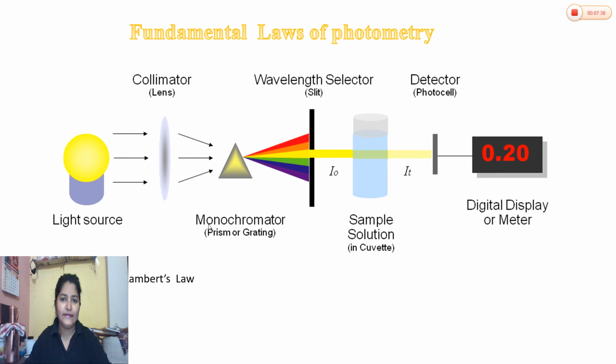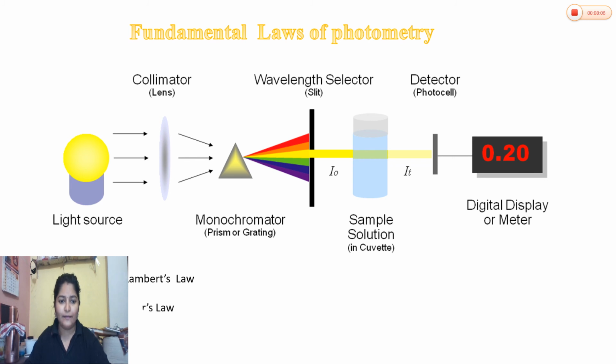So these fundamental laws are, first, Lambert's law, the very famous law. When a beam of monochromatic light is allowed to pass through a transparent medium, the rate of decrease of radiant power with the thickness of the medium is directly proportional to the radiant power of the incident light. That means absorbance is directly proportional to the path length or thickness of the medium.